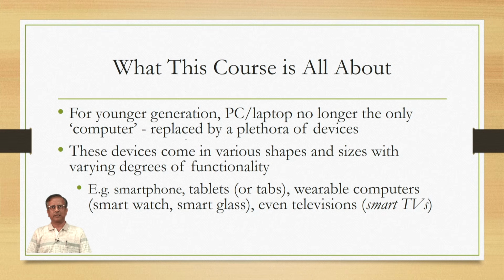Now, for the current generation, of course, the desktop laptops are still there, but they are more familiar with wearable devices, smaller devices, a plethora of devices actually. These devices come in various shapes, sizes with varying degrees of functionalities. For example, smartphone, tablets or tabs, popularly called tabs, wearable computers such as smartwatch, smart glass and even smart television.